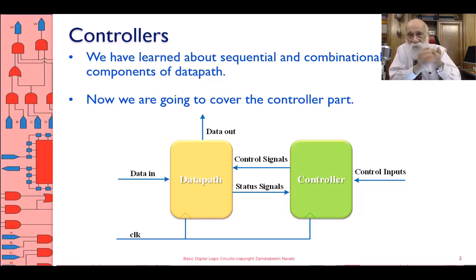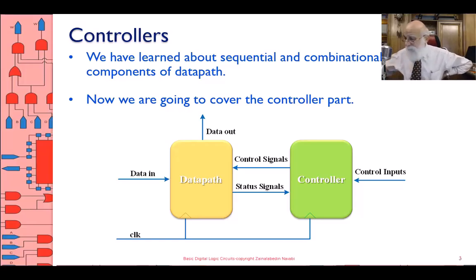So far, what we have shown you has been the various components of the data path, like the comparator, like the adder, and so on, like the multiplexer. And we have shown how we can connect them together, which is basically wires, or sometimes with multiplexers.